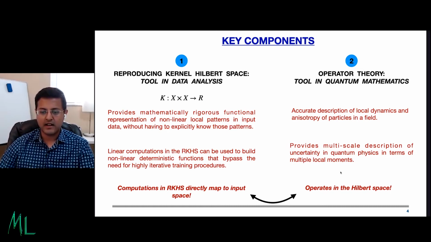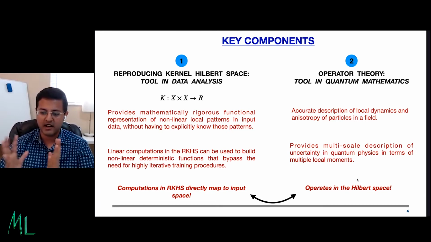And a very elegant aspect of quantum theory is that most of the operators operate in the Hilbert space. So any system that you're defining in physics is typically defined in a finite Hilbert space, and operator theories are typically implemented on those spaces.